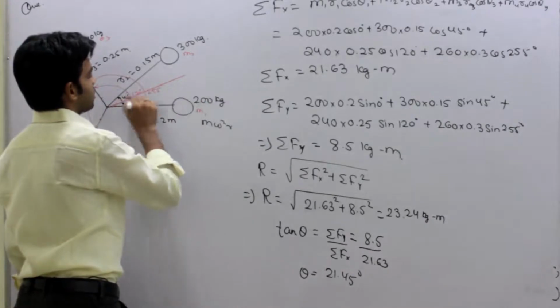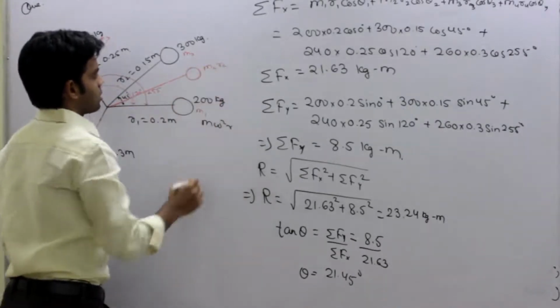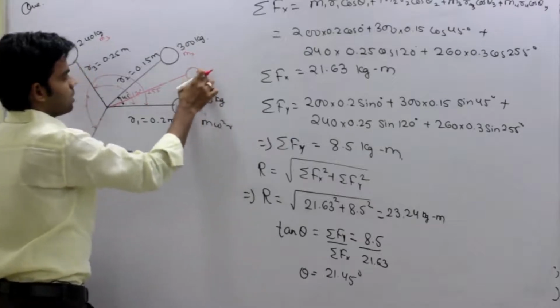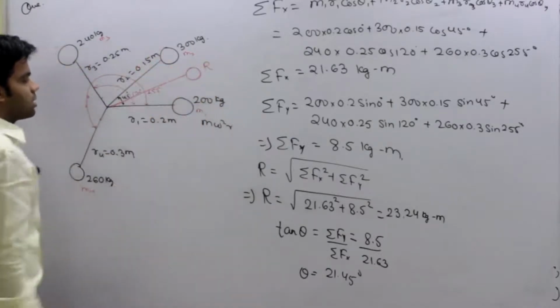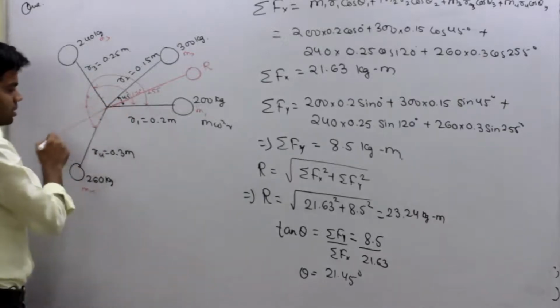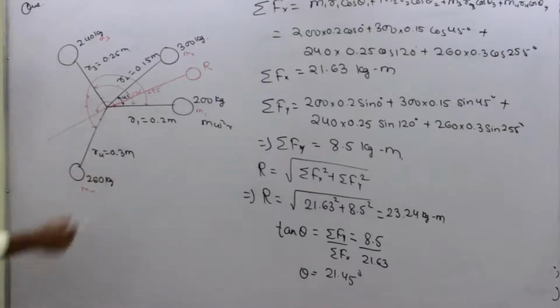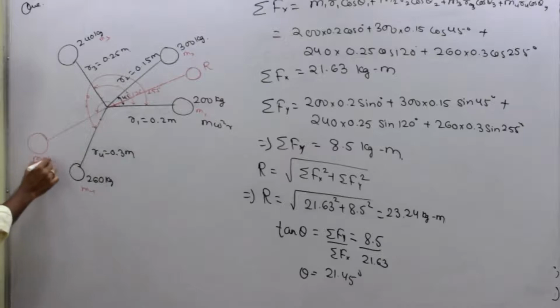The resultant of this unbalanced mass, suppose mc into rc, sorry, the resultant of this unbalanced mass R is here. Now we have to put a balancing mass at an angle 180 degree from here. Suppose the magnitude is mc into rc.